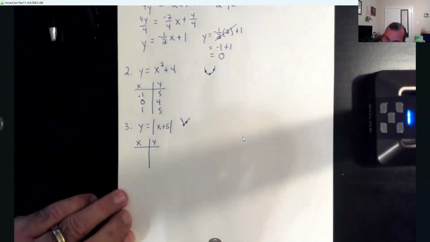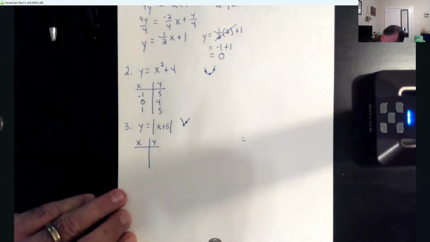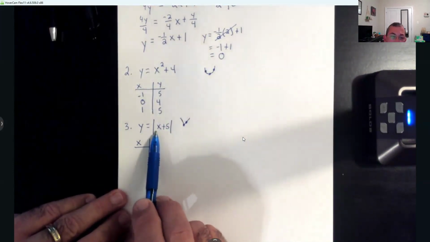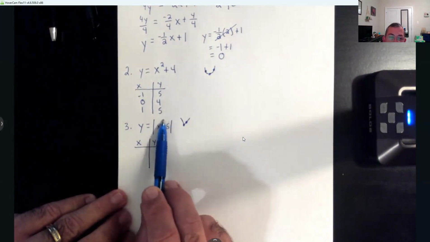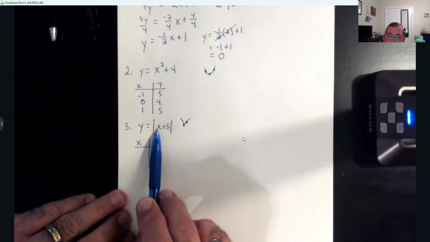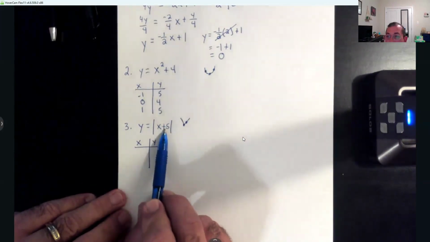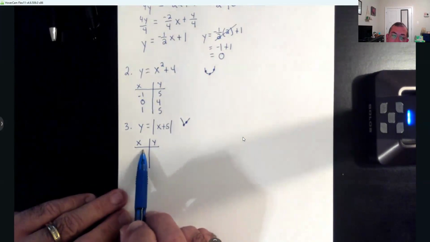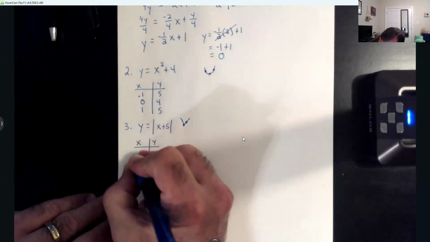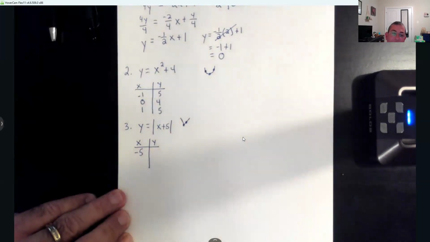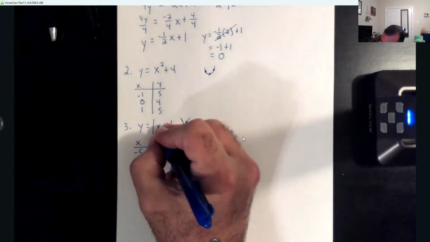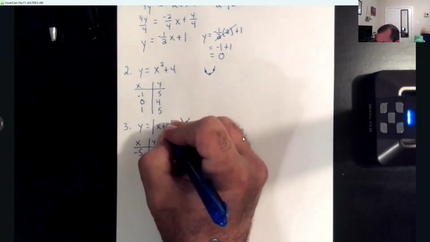Now, here's the thing you got to do on this one. The first x value I pick has to make this equal 0 inside the bars. So basically, whatever number that's in there, you're going to put the opposite for your first x. So since I got a +5, my first x would be a -5. Okay?